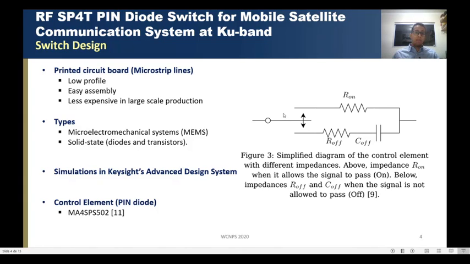It was decided for this design to be in a PCB, in a printed circuit board with microstrip lines, so it has a low profile, an easy assembling, and in larger scale production it becomes less and less expensive.